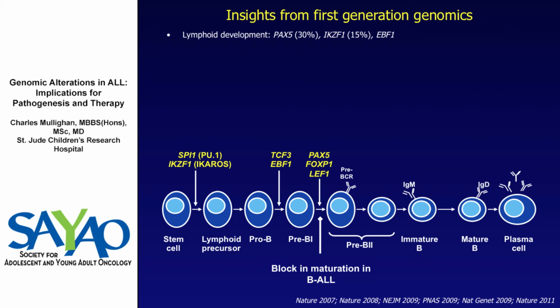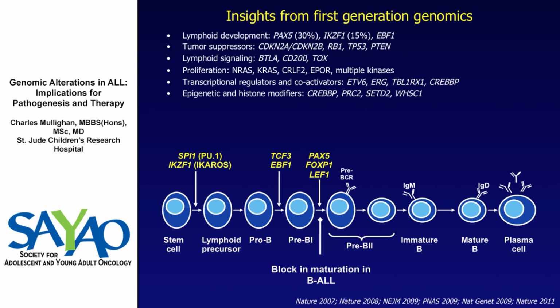And in contrast, you rarely, if ever, see the transcription factors that control the later stages of lymphoid maturation mutated in B-ALL. But in addition, there are a number of other genes and pathways that are mutated, and the repertoire of these individual gene changes is expanding almost week by week.